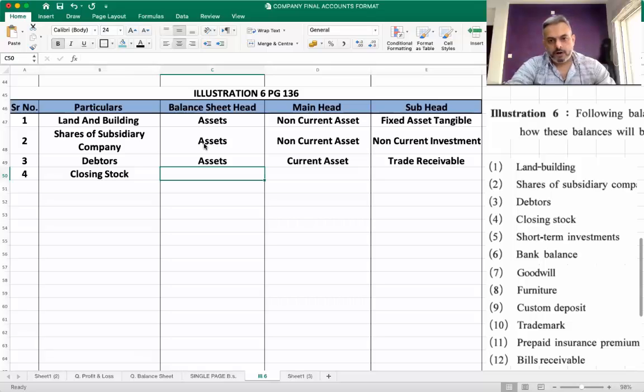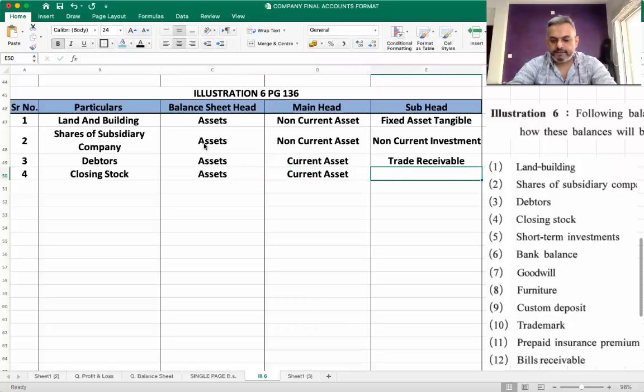Okay. Closing stock. Again asset, current asset. Now closing stock is part of your inventories. Okay, so you write inventories.